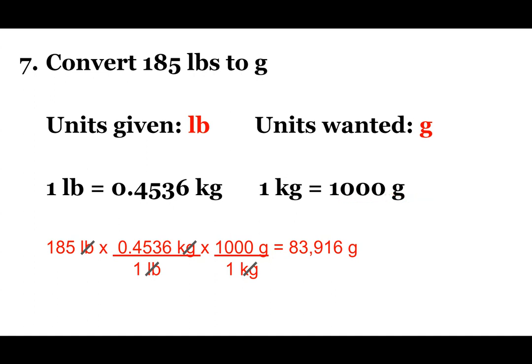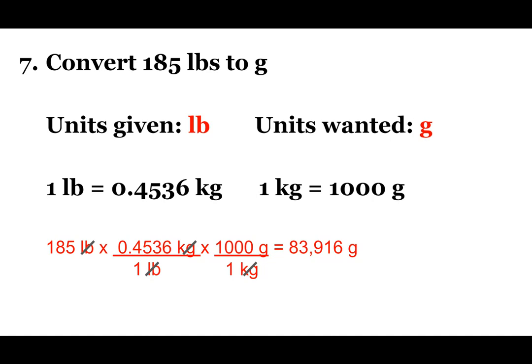So now we know we have our starting unit. We have our two conversion factors. Now we can set up our problem. So we start with 185 pounds. We multiply it by our first conversion factor of 0.4536 kilograms over 1 pound. So we can cross out our pounds. We're in kilograms now. And then we can now convert our kilograms into grams.